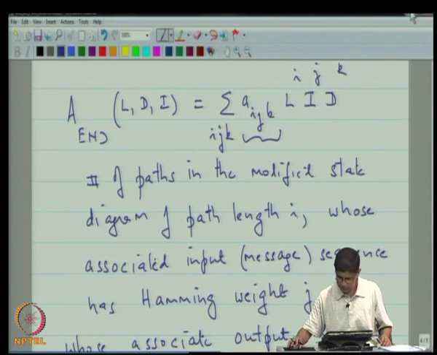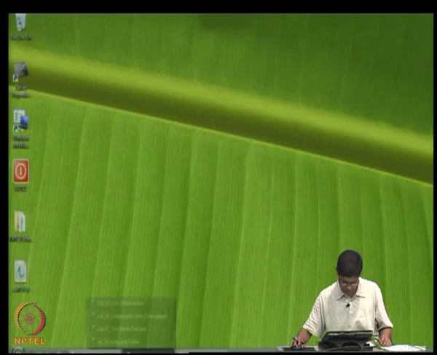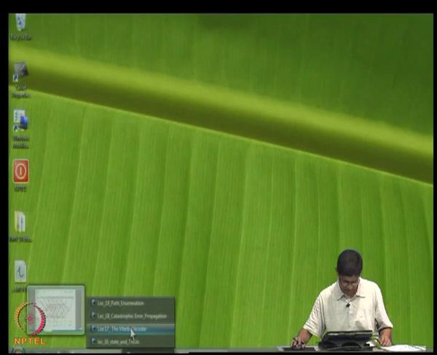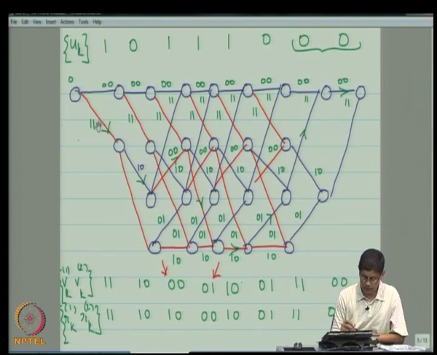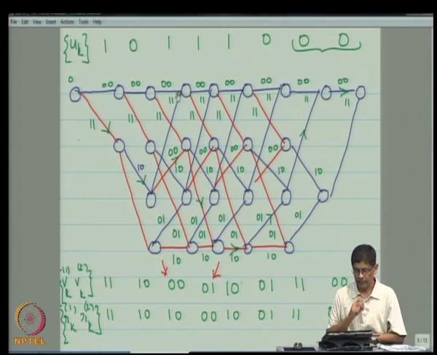Okay. So, perhaps I should just show you an example. So, let us go back to 7. Supposing I were to just look at this particular portion of the trellis. Now I have a path that starts from the all 0 state and goes back to the all 0 state. This could be your start, that could be the end.